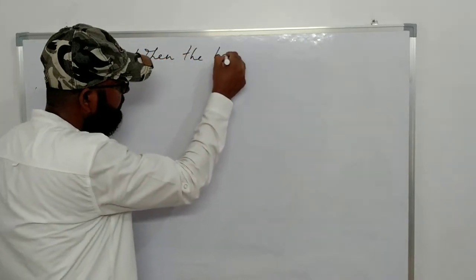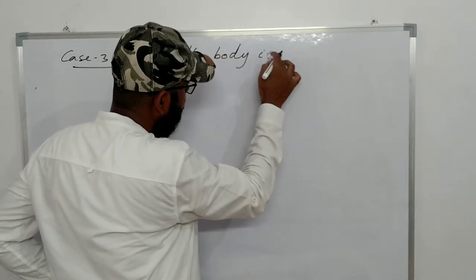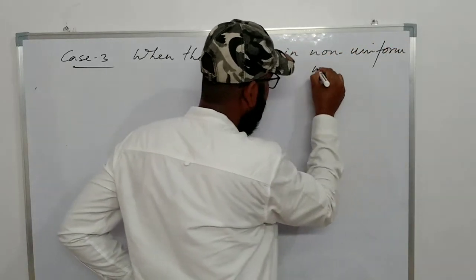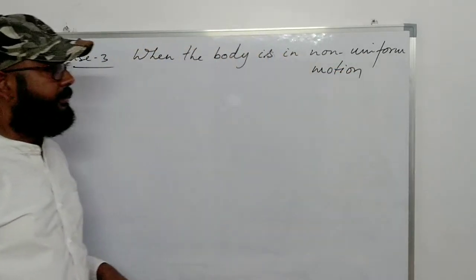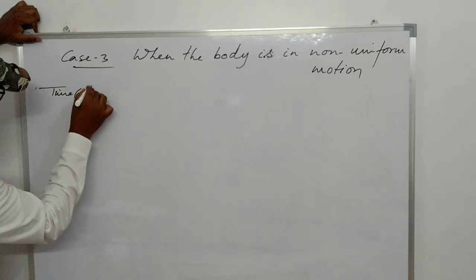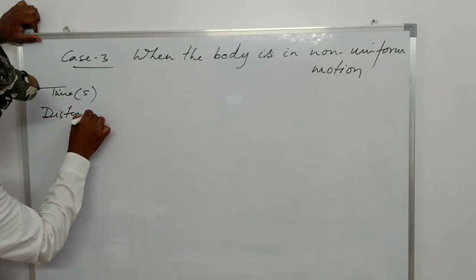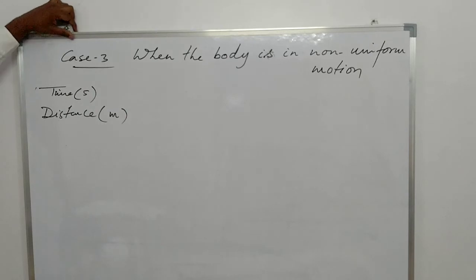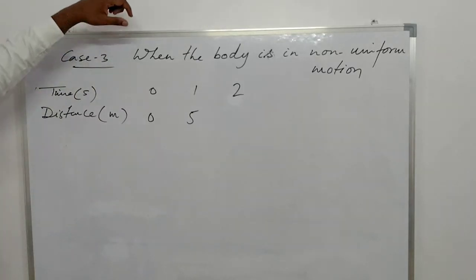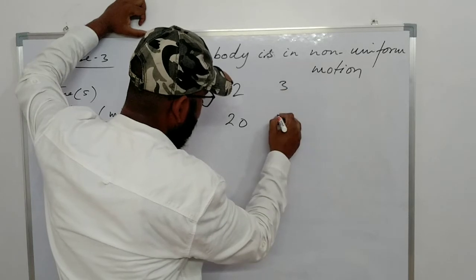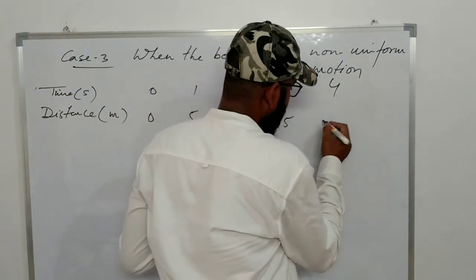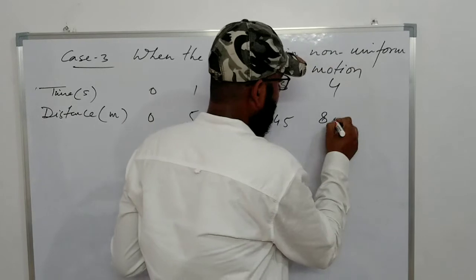Again take non-uniform motion, with time in seconds and distance in meters: 0, 0; 1, 5; 2, 20; 3, 45; 4, 80; and 5.